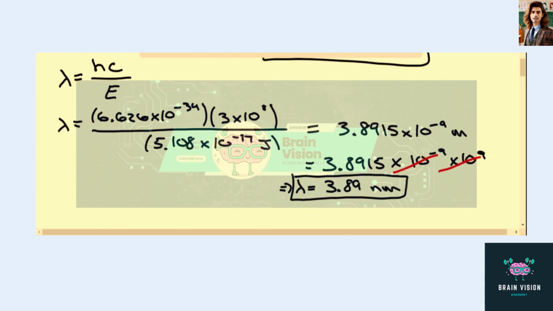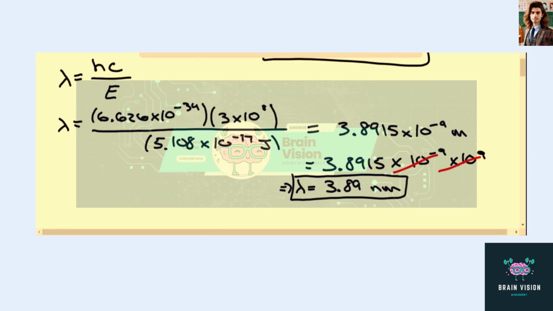And for the second part of the problem, which is part B, we want to find the wavelength of the photon that is emitted, and that is given by lambda, which shows wavelength. Lambda equals hc over E. All of these numbers are given to us. h is Planck's constant, c is the speed of light, E is the energy, which is also the kinetic energy of the photon.